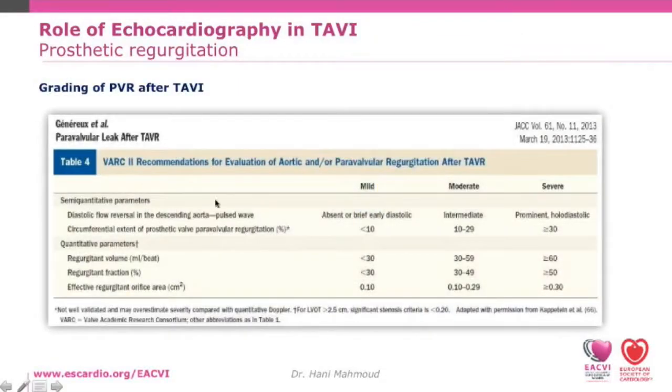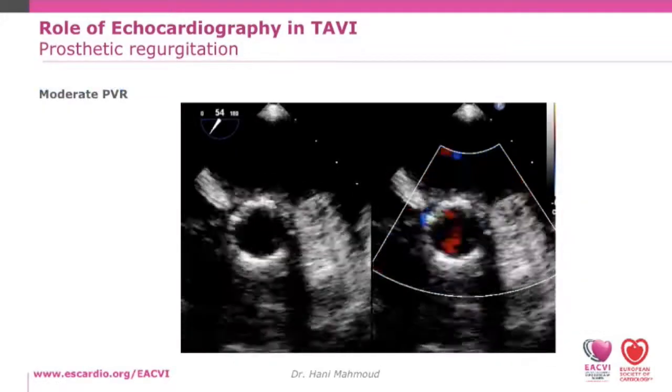There are a lot of methods to quantify the paravalvular regurg after TAVI. Some of them are the conventional methods to quantify native aortic regurgitation, and some of them are related to the prosthesis. The most practical one, in my opinion, is the circumferential extent of the paravalvular regurg. They said below 10% of the circumference is mild, from 10 to 29% is moderate, more than or equal to 30% is severe.